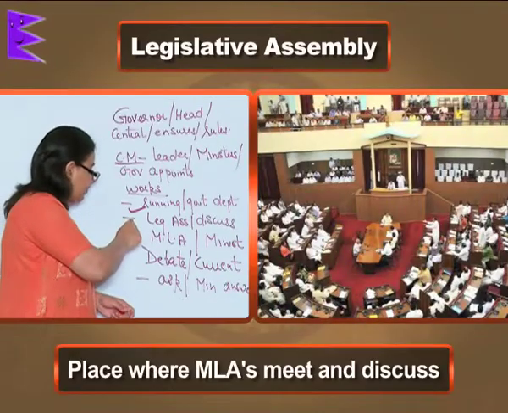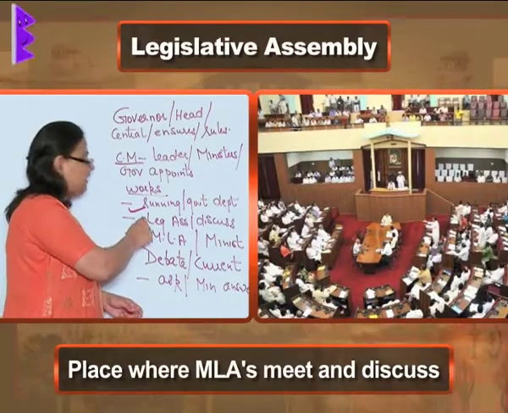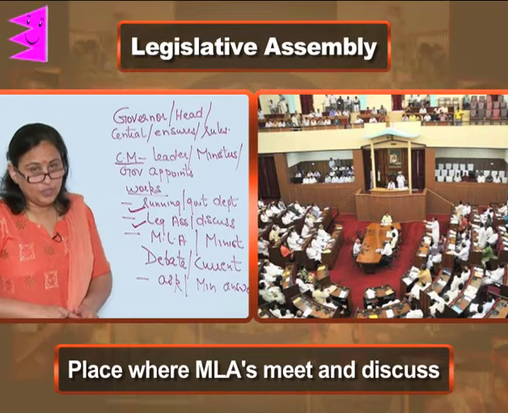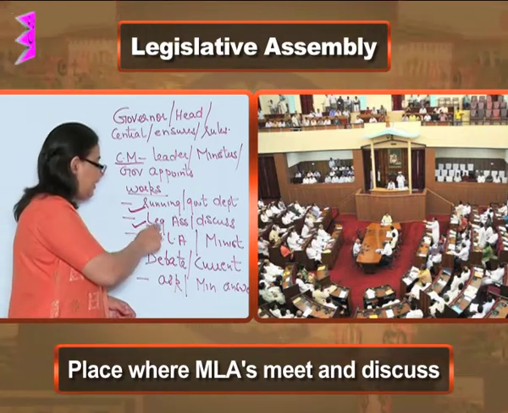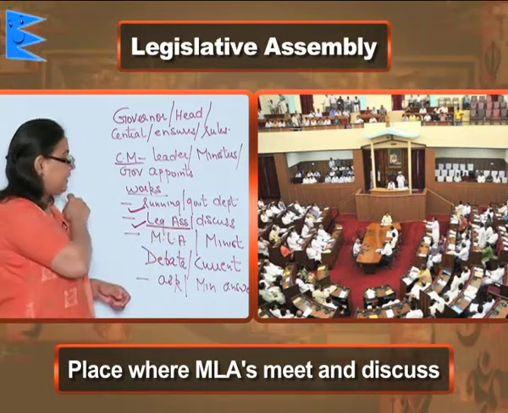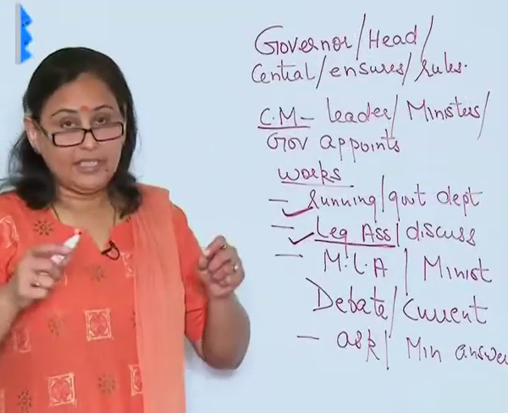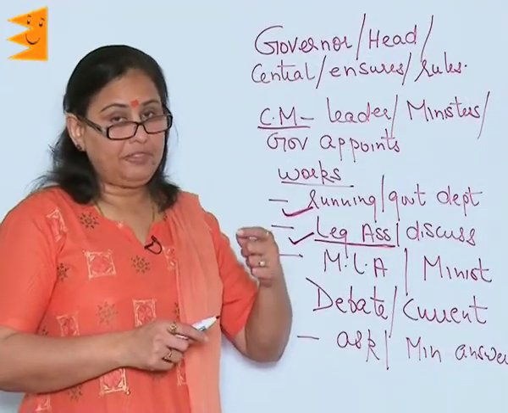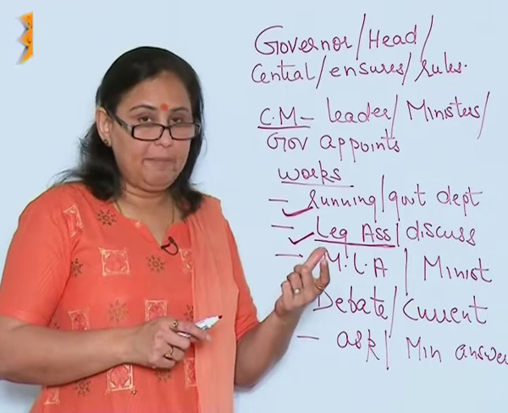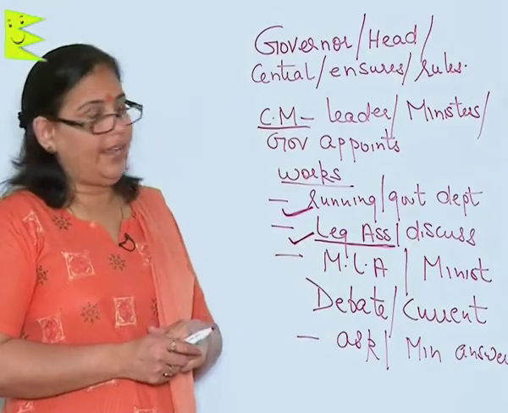The place where the MLAs meet and discuss is called the Legislative Assembly. It is the place where the discussion takes place between the majority party MLAs and the opposition MLAs.